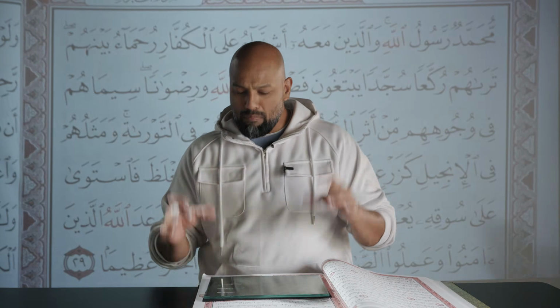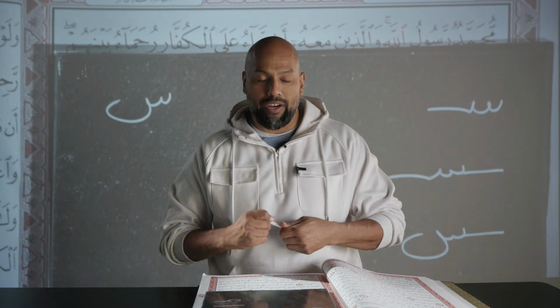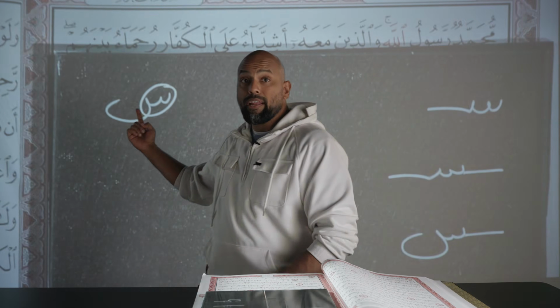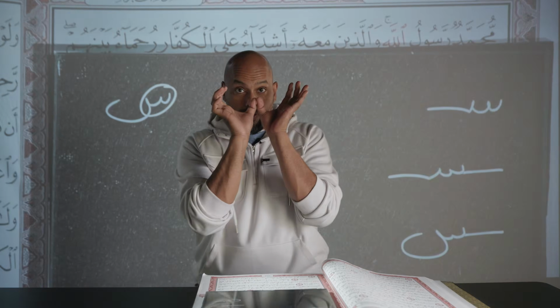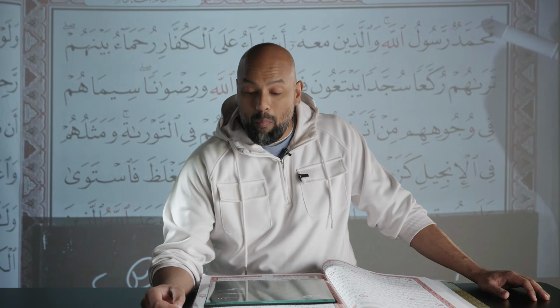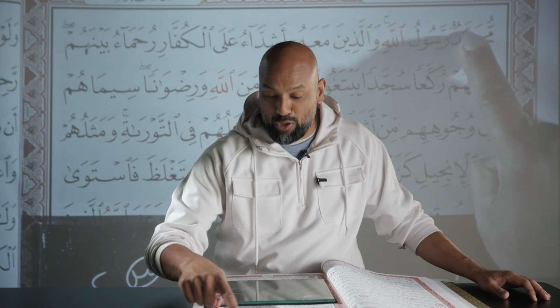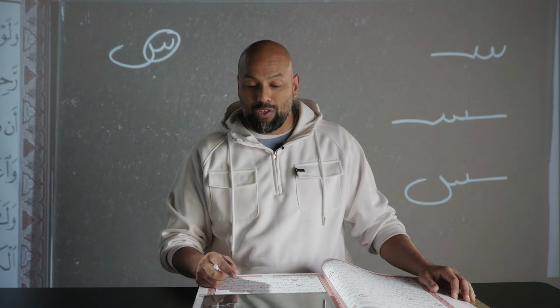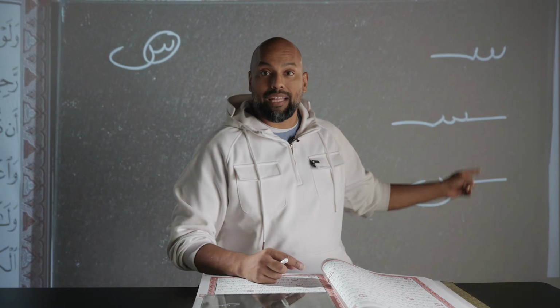Now, there's something interesting here. You might say, you mentioned an identifying characteristic of the letter Seen is the binoculars, right? But the moment we open up here, there are so many little binoculars throughout. That's not it. Let's not confuse the little binoculars. Those little binoculars are not the letter Seen, because we already talked about what the letter Seen looks like in the beginning, in the middle, and the end.